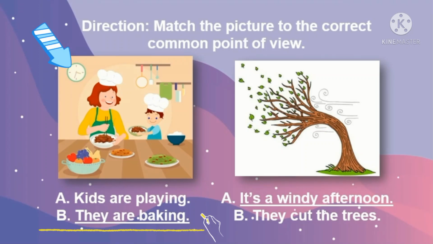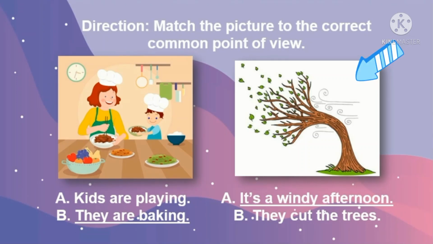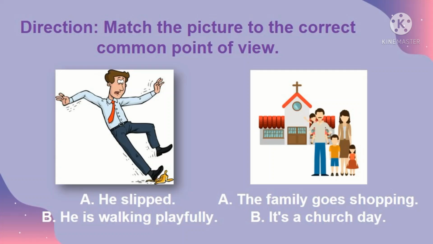And you can see foods and plates on the table. While in the second picture, you can see a bent tree and falling leaves and curved lines which indicate wind. So the correct answer is letter A. It's a windy afternoon.